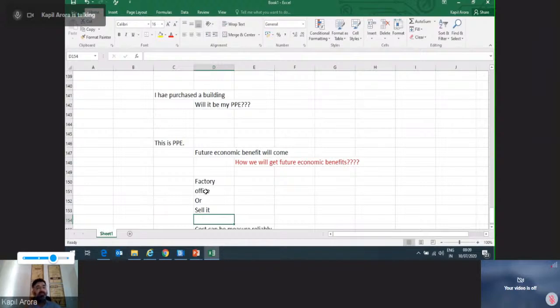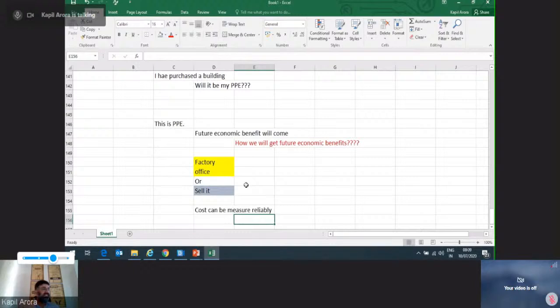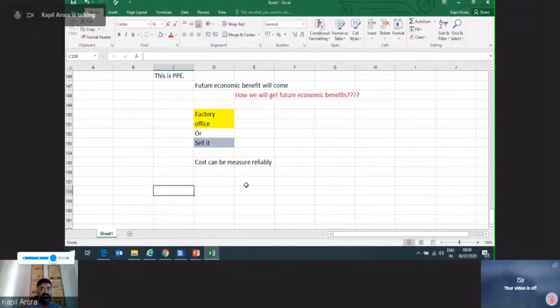Either I can use the asset or I can sell the asset. It means I can get the future economic benefit by any of these. So the criteria of future economic benefit is met. Cost can be measured reliably. If I buy the asset, I definitely know what the cost is. So initially, the first time when I purchase the asset, the criteria are satisfied.